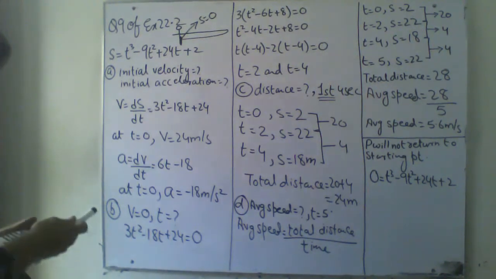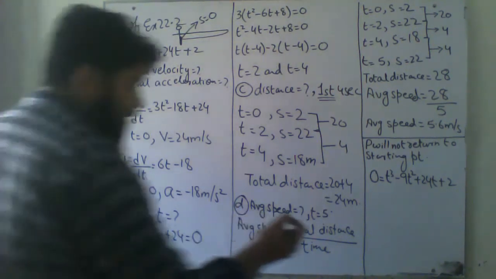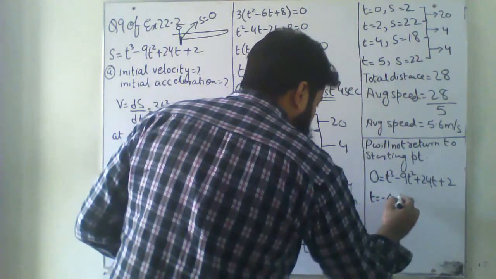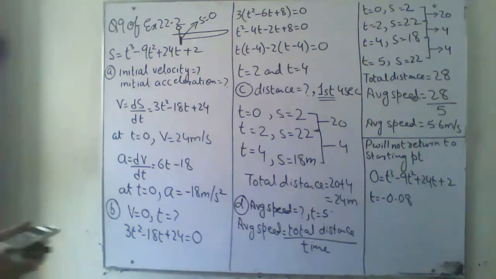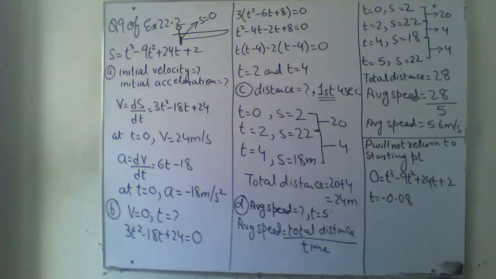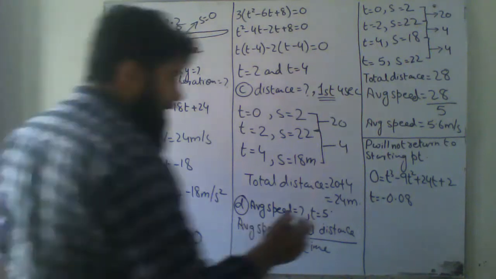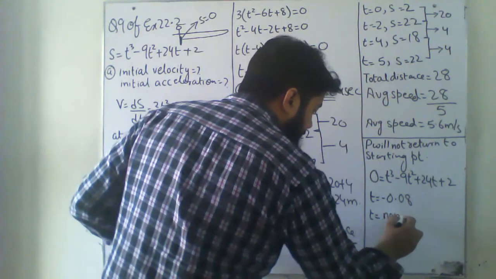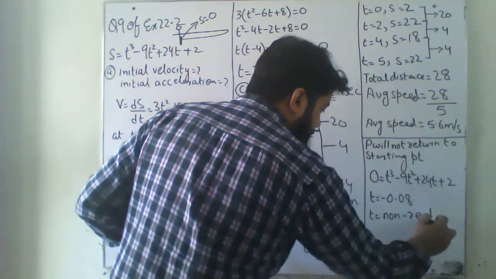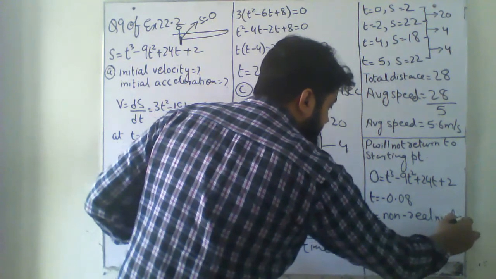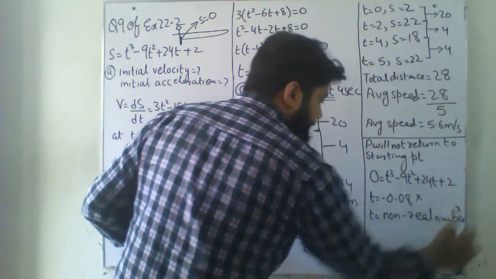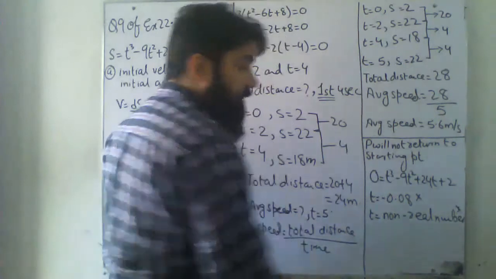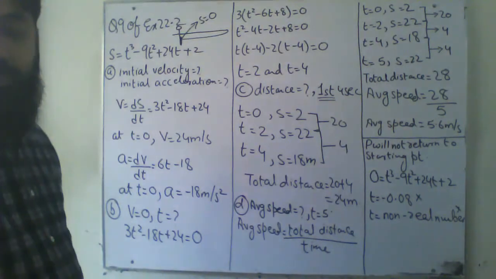When I have solved this, using a calculator over here, the value of t is coming minus 0.08. Okay. And the other two values are coming as non-real numbers. It means that none of these will be taken, and the body is not going to return to the starting point.